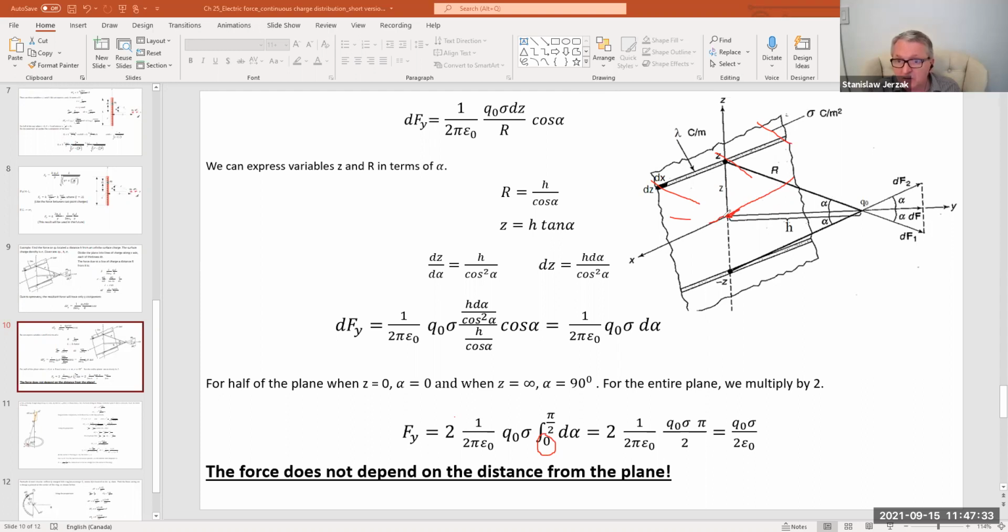So I integrated from 0 to pi over 2, and the upper limit is pi over 2, because when that line of charge goes to infinity along the z direction, the angle alpha will be increasing, bigger and bigger. If it goes to infinity, that angle alpha will approach pi over 2. So the limits of integration I took from 0 to pi over 2.